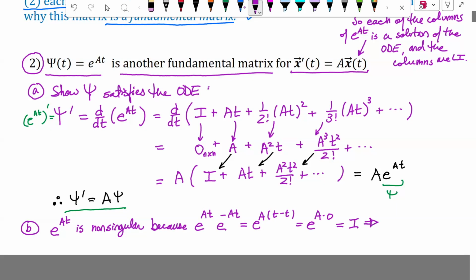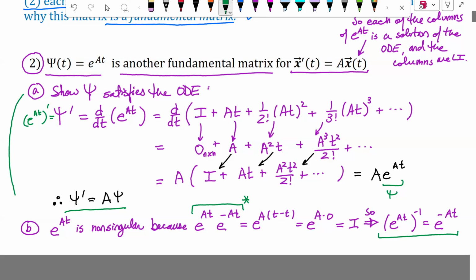To be formally correct, we would have to show that e to the At times e to the minus At actually equals the identity using a power series. But in the end, that shows us that e to the At is invertible and that its inverse is e to the minus At. And therefore, putting parts A and B together, we have shown that matrix psi, when it is e to the At, indeed is another fundamental matrix for the ODE system.